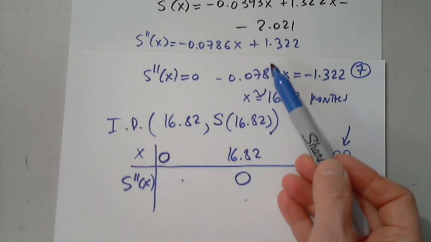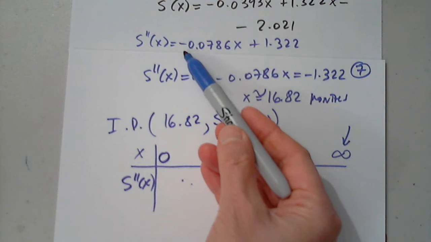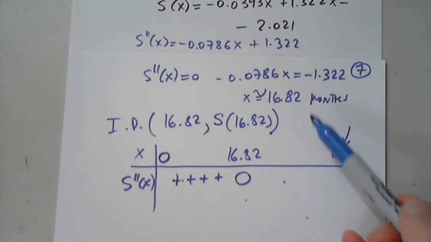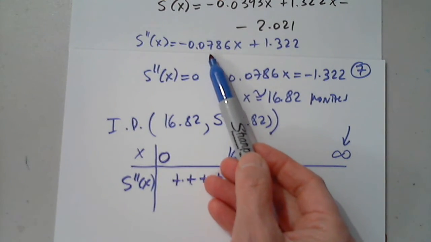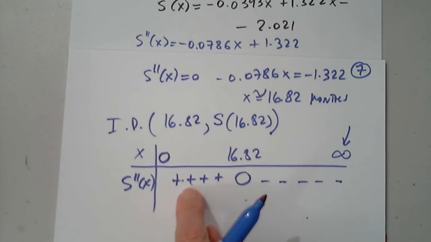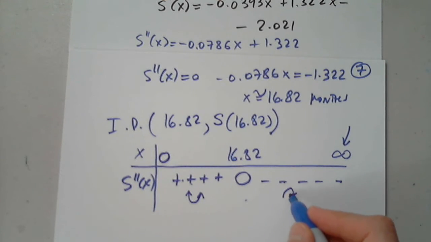Can you plug in 0 and tell me the sign? Positive. Very good. And when you plug in 100, I guarantee you, this will go to negative 7 plus 1, so it's negative. So obviously on this territory, the function is opening up, and here the function is opening down.